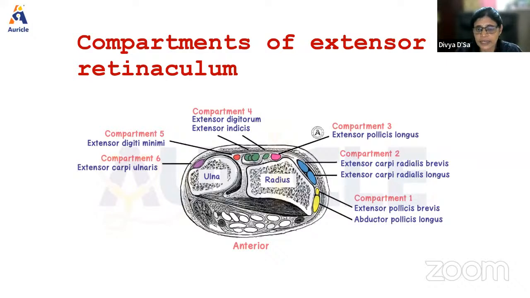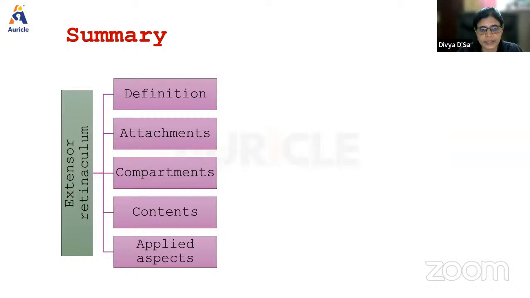Usually it is not painful, but sometimes it can lead to pain during movements, and it can compress. So that is about the extensor retinaculum. You write it under these headings when it is asked as a 3 marks question.